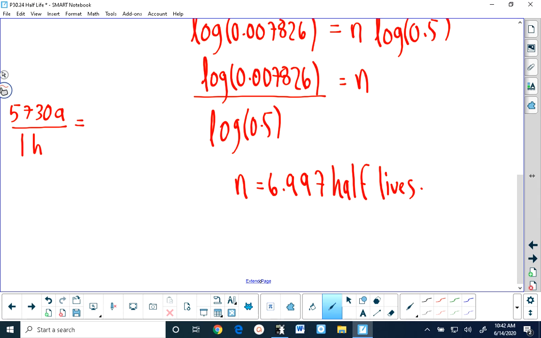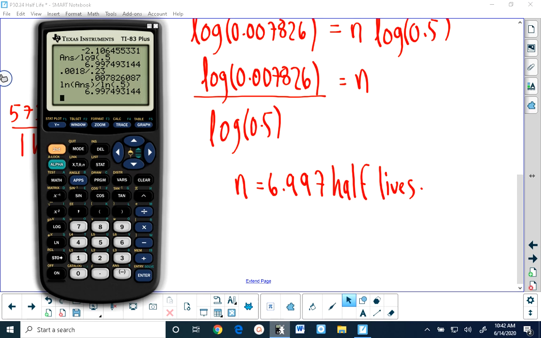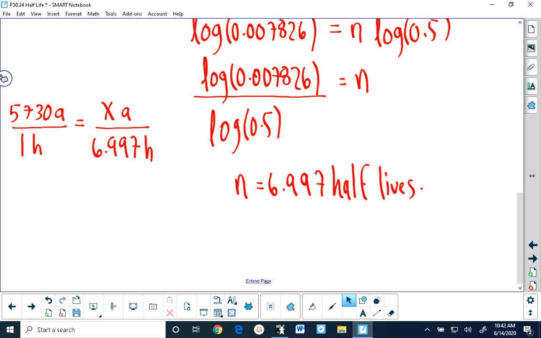That has to equal x years over 6.997 half-lives. And when you cross multiply, you can see that you're going to have to multiply that 6.997 by the 5,730, and then we will have our answer. The age of the sample is approximately 40,000 years old.